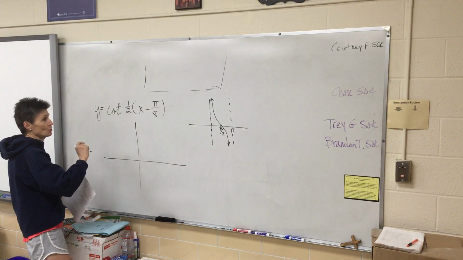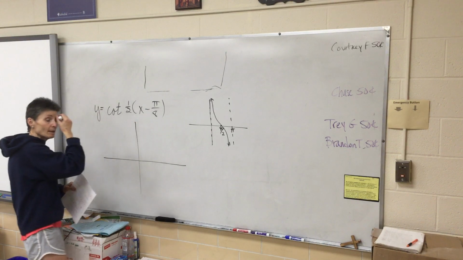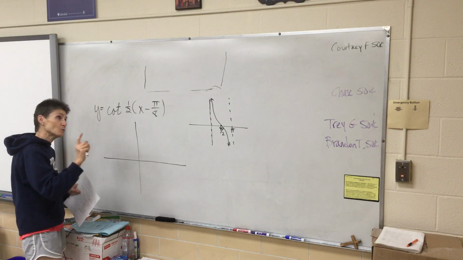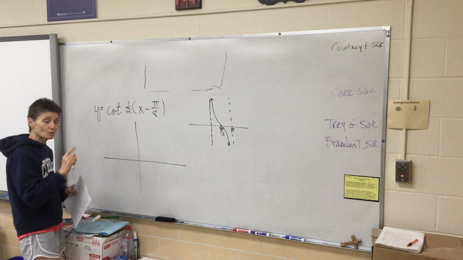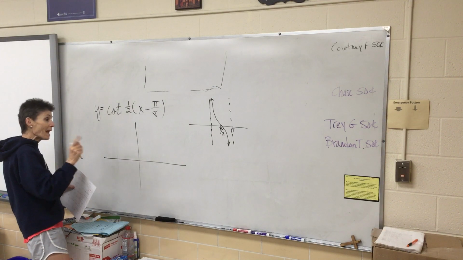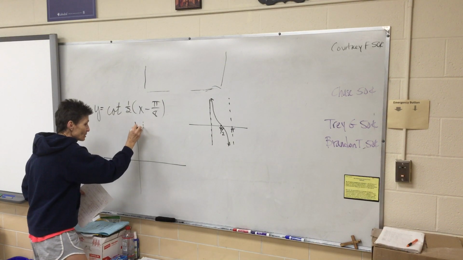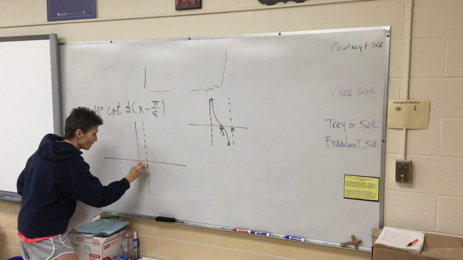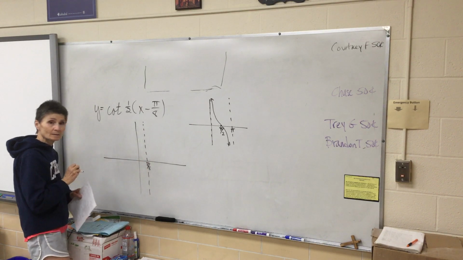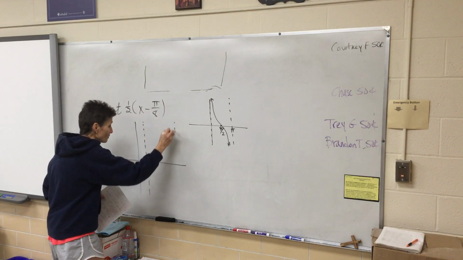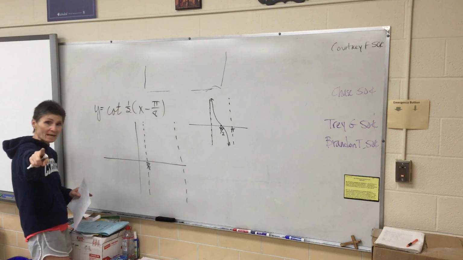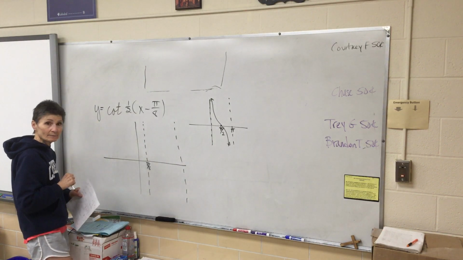Everything in the picture has been shifted pi over 8 to the right. So that means I'm going to have an asymptote over here at pi over 8, and I'm going to have another asymptote over here somewhere. Be careful, we've changed the period.